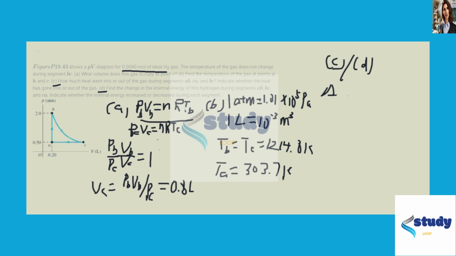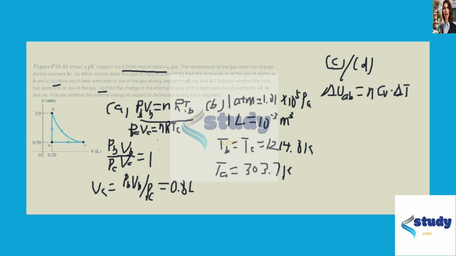For example, in process AB, the change in internal energy, delta U, we just utilize n times CV times delta T. n is the amount of gas, which is 0.004 moles. CV is the specific heat capacity of hydrogen. You can look up this number in your textbook.